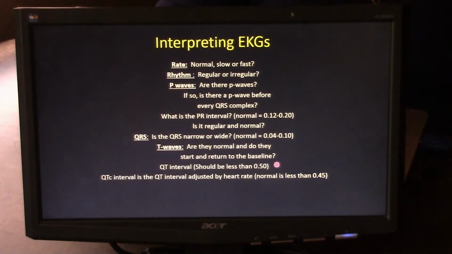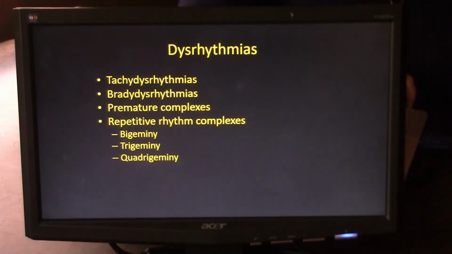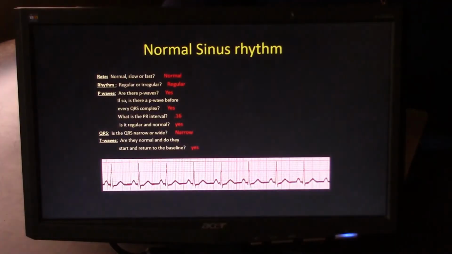Remember, everything theoretically should begin and end at that isoelectric line or the baseline. The QT interval should also be less than 0.50. Is it, or is it longer? We're going to talk about tachydysrhythmias, bradydysrhythmias, premature complexes, repetitive rhythm complexes, and so forth.